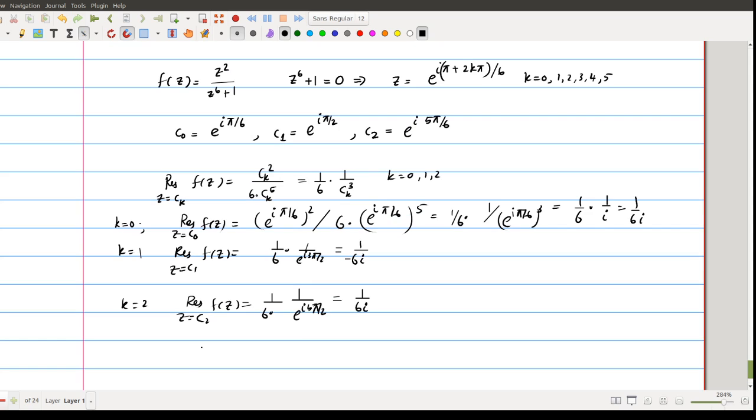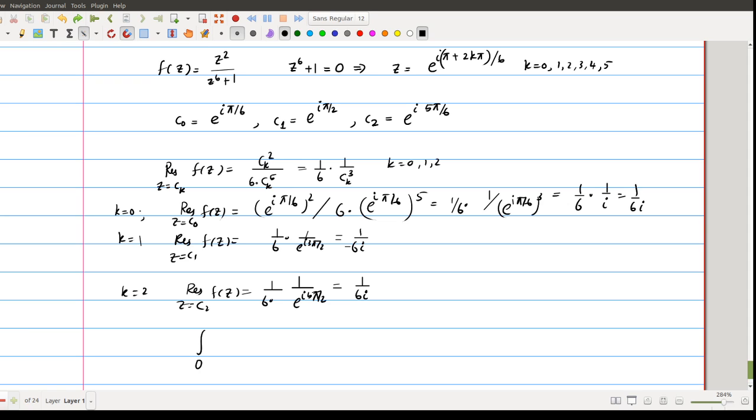Now you write the integral from 0 to infinity of x squared divided by x raised to 6 plus 1 dx. This will be 2 pi i times the sum of the residues, that is 1 by 6i, 1 by minus 6i plus 1 by 6i.